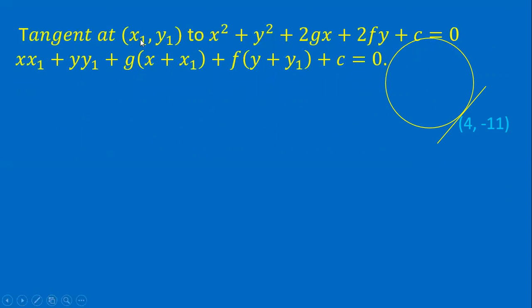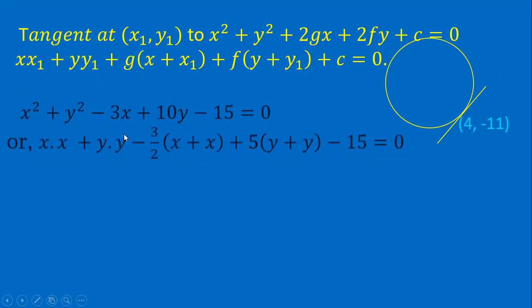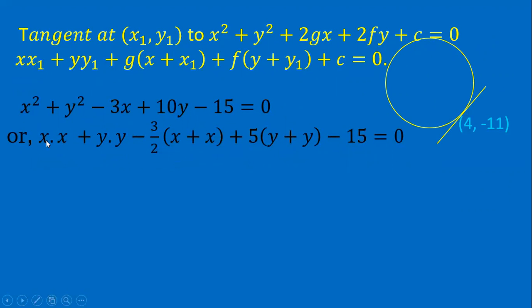You know, the tangent at (x1, y1) to this circle is equal to this. So this is the point (x1, y1). And first we have to express the equation in this form, x·x1 + y·y1. Then we need 2x, because to get it in this form, x + x I have written, so we needed 2. So we have divided by 2. Then I have taken 2 from this 10, it is 5. Then it is y + y1. So this line and this line are the same. Now I will replace x1 and y1, that is 4 and -11.